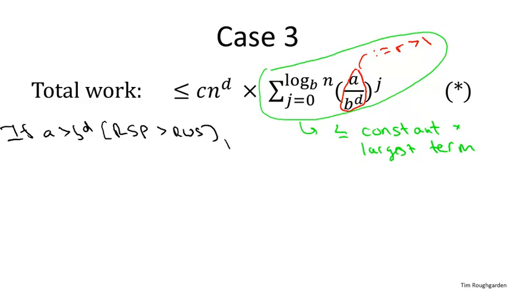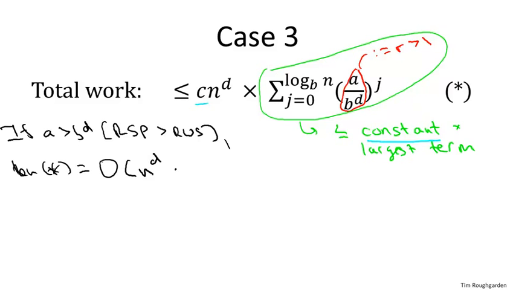Therefore, we can simplify the expression star to the following. I'm going to write it in terms of big O notation, and like on the last slide, I'll use it to suppress 2 different constants. On the one hand, I'm going to be suppressing the constant c, which we inherited way back when from the original recurrence. And on the other hand, I'm going to use it to also suppress this constant that comes from the basic sums fact. So ignoring those 2 constants, what do we have left?